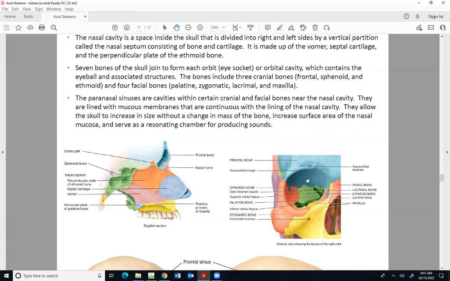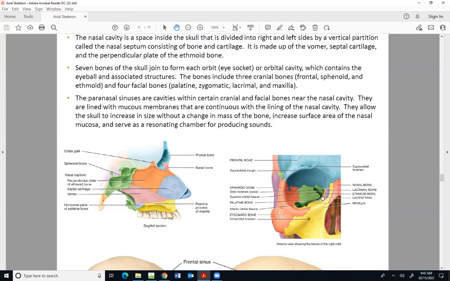Okay. Over on the right is an illustration showing you our eye socket or orbit, and there are 7 bones that contribute to it. Okay. Another term for your eye socket is orbital cavity, where you find your eyeball and associated structures. There are 3 cranial bones that contribute to it, singular frontal. Okay, then you've got the sphenoid that kind of forms the back part of it. That's there in green.